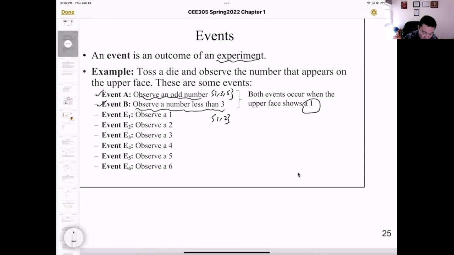Event E1 is defined as getting the number 1 on the upper face, E2 as seeing a 2, and so on. Those are all the possible outcomes for that experiment, which is tossing a die. No other outcomes are possible.